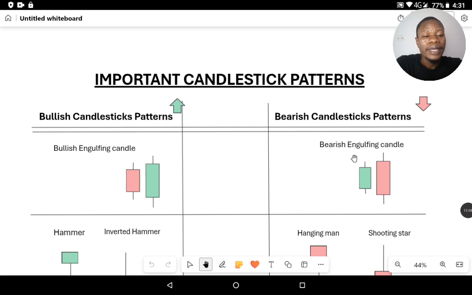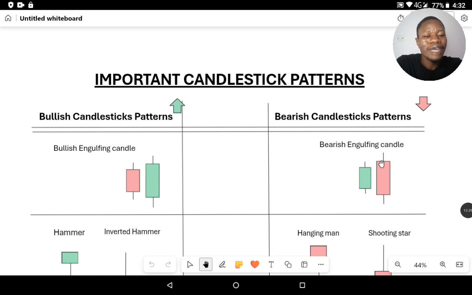While the bearish engulfing candle, like I said, you should look out for this pattern on the resistance. When you see it on the resistance level, on the ceiling, sometimes I call it ceiling, what it implies is that the buyers are no longer in power. They no longer have the momentum, the power to keep pushing the market upward.